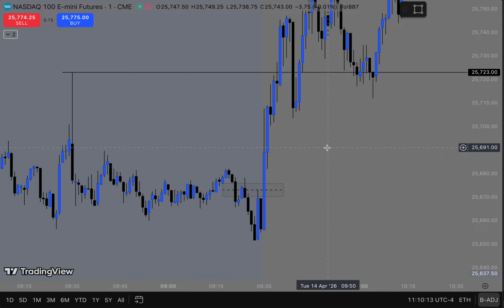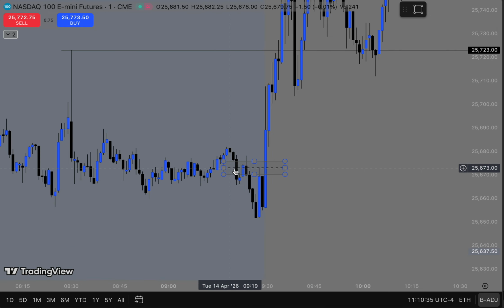Because an inversion is pretty much all it is, just disrespecting of the current structure. It's like disrespecting an imbalance. The market wants to fill these imbalances and then move in the same direction, right?